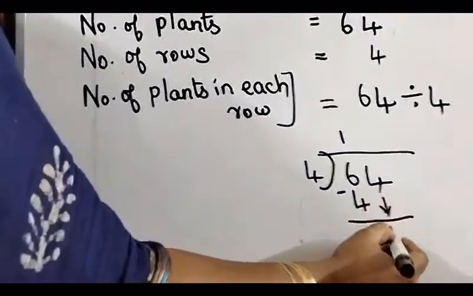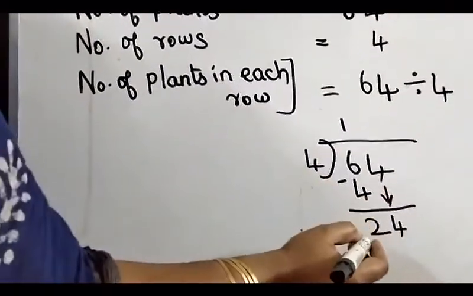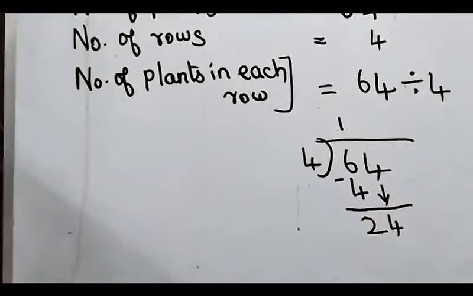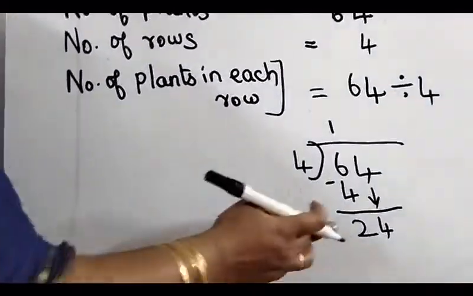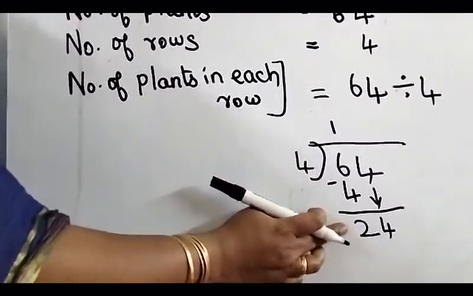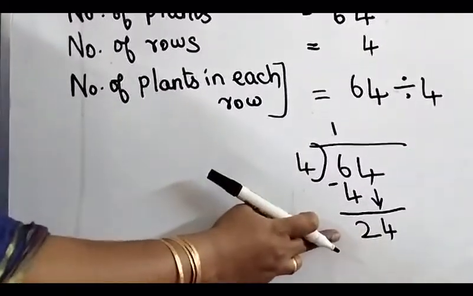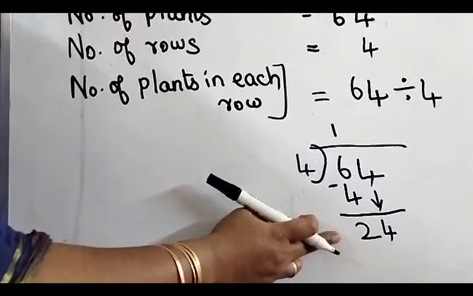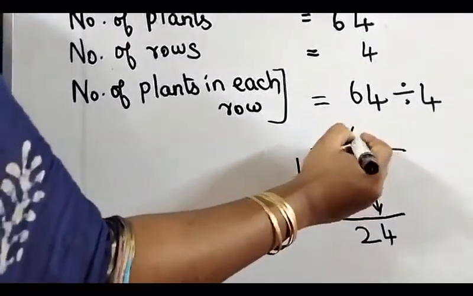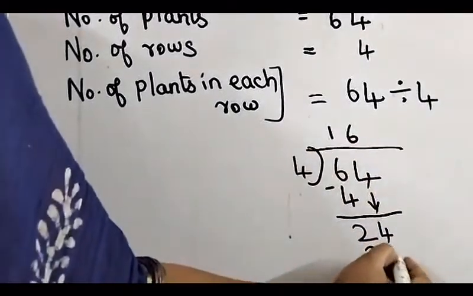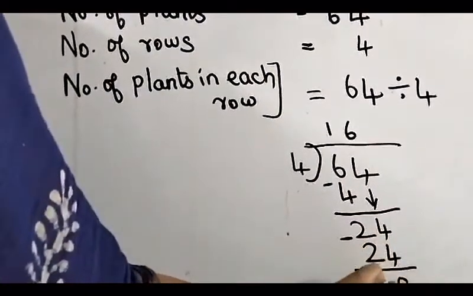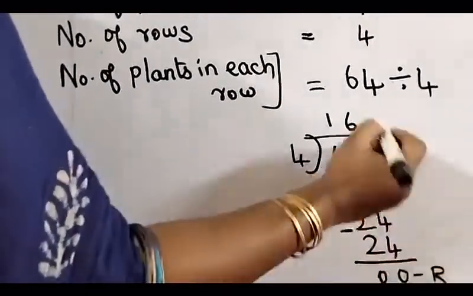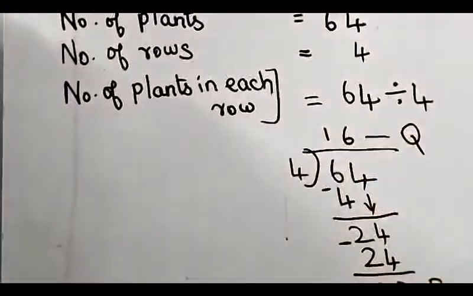Take this 4 down. 4 ones are 4, 4 twos are 8, 4 threes are 12, 4 fours are 16, 4 fives are 20, 4 sixes are 24. Recall the 4 tables, children. Say the 4 tables. 4 sixes are 24. Now subtract: 4 minus 4 is 0, 2 minus 2 is 0. Remainder is 0. Answer is 16.